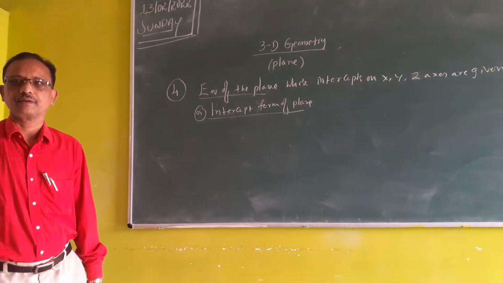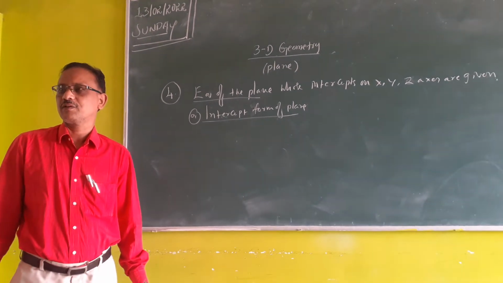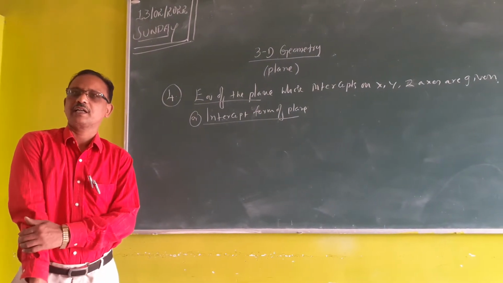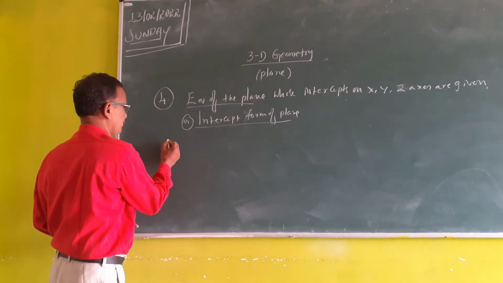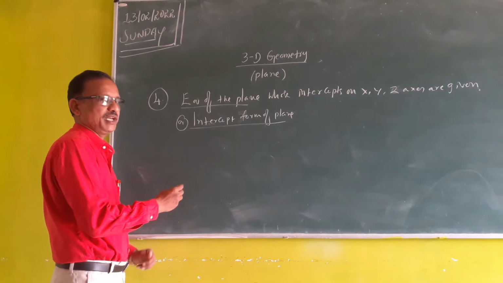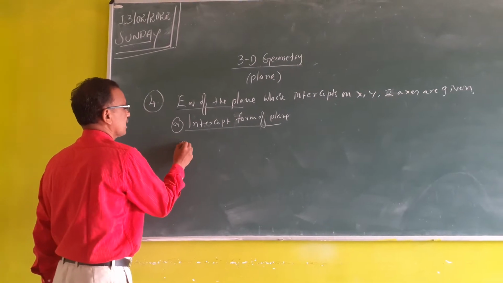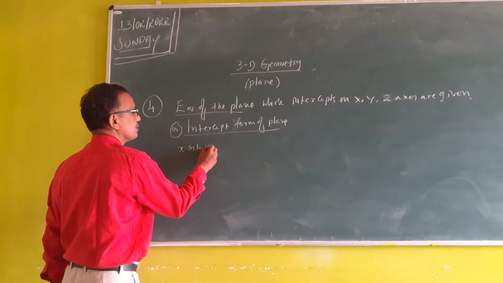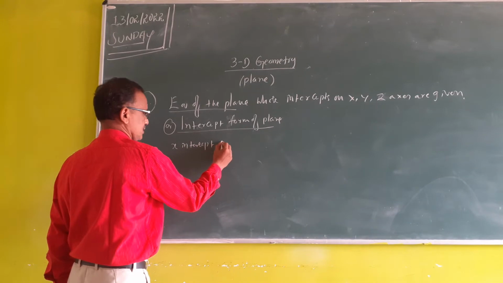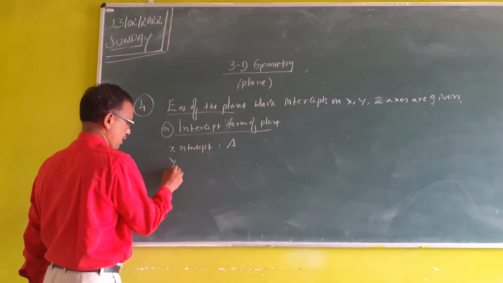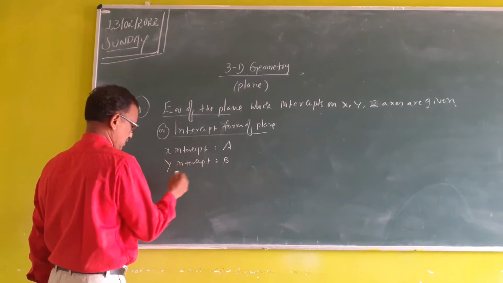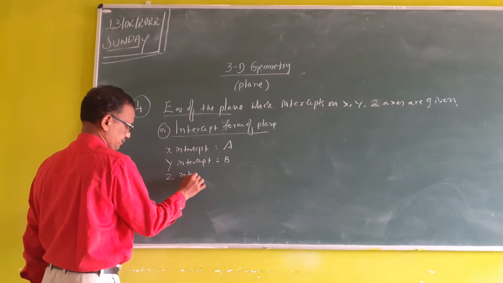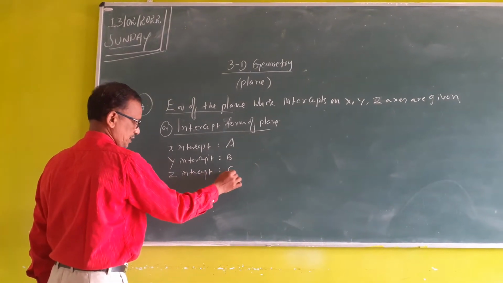Intercept form of plane. Suppose the x-intercept, y-intercept and z-intercept, all three are given. The x-intercept is a, the y-intercept is b, the z-intercept is c.